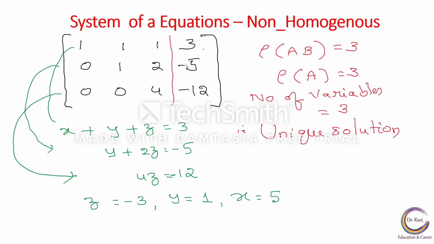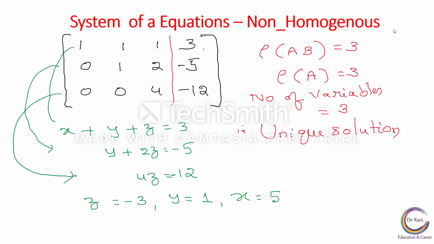Now what is the rank of AB? The rank of AB is the number of non-zero rows. Here this is a non-zero row, this is a non-zero row, and this is also a non-zero row. Therefore the rank of AB is 3.